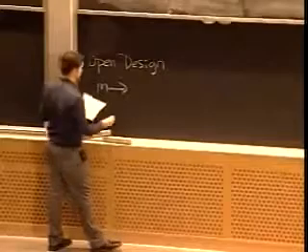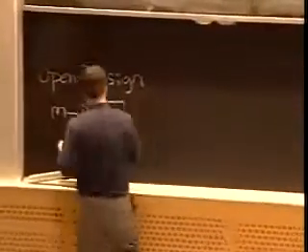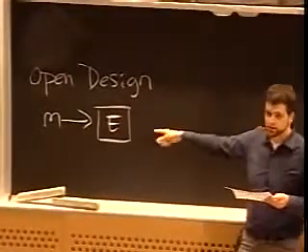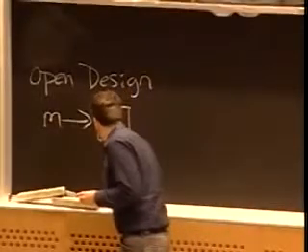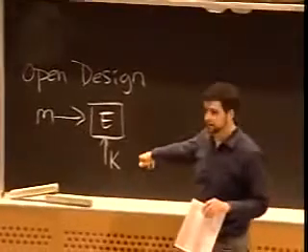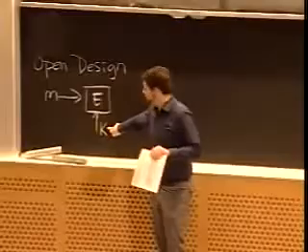It's pretty similar to what we showed before. We have M going into E, but this time the world knows what the algorithm E is, and instead this E has some piece of secret information coming into it, a key K.